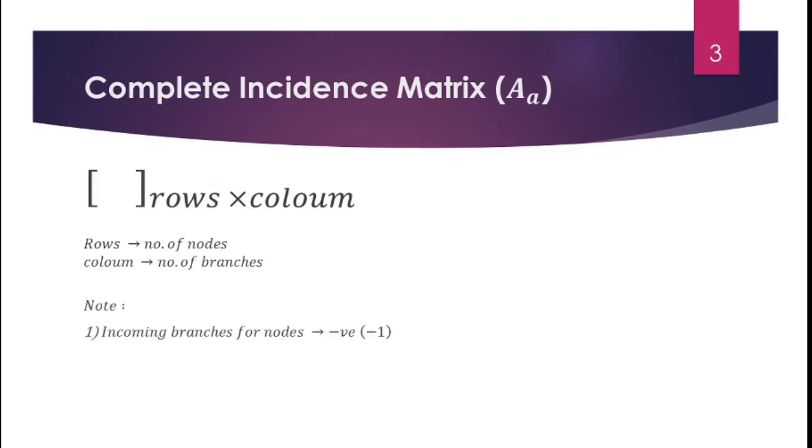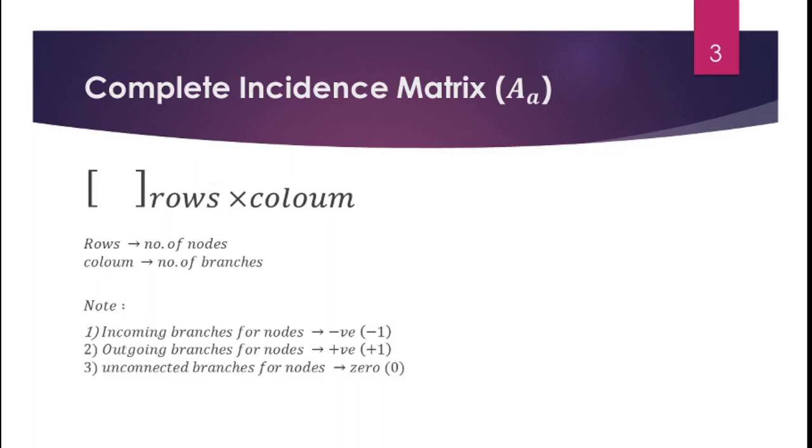Now, what values do we take for the elements of the matrix? Just note: if a branch is incoming for a node, then the branch associated with that particular node has a value of -1.